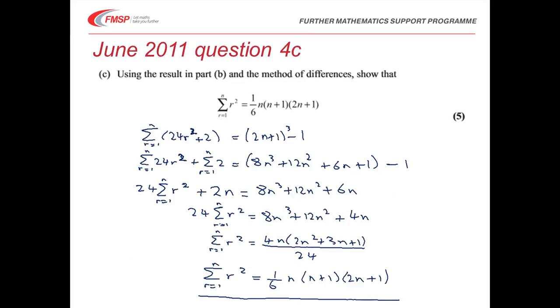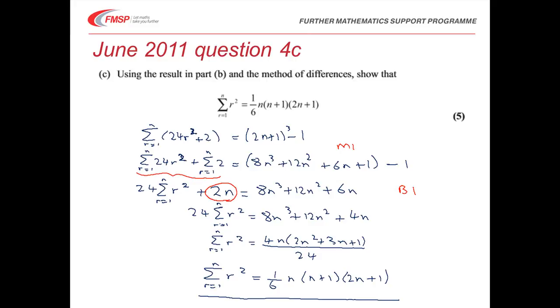The remaining marks for this part of the question: there's a method mark for dealing with the left hand side, correctly breaking up the left hand side. There is a B1 mark for correctly identifying the sum of 2 from 1 to n is going to be 2n.